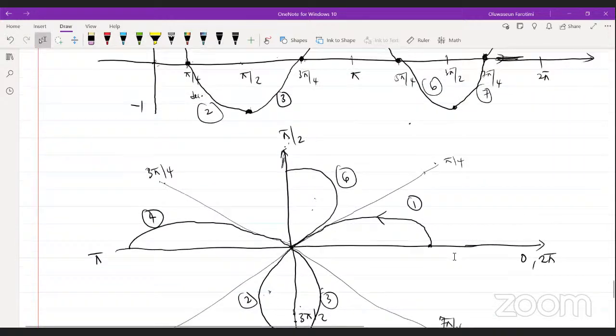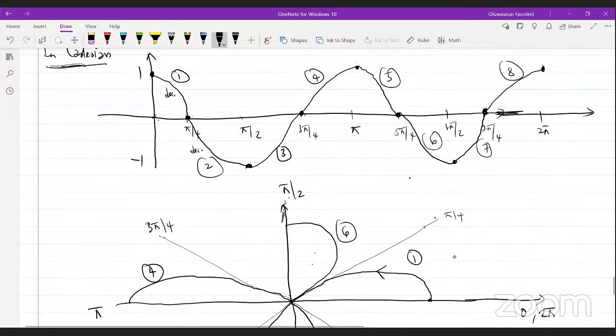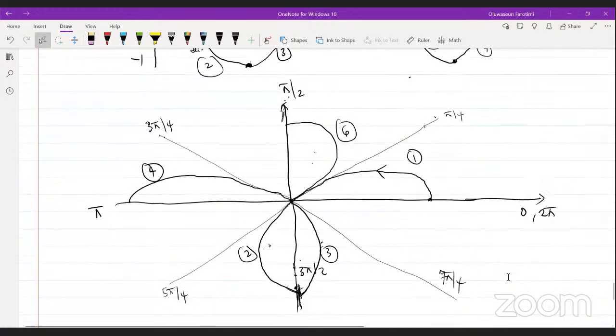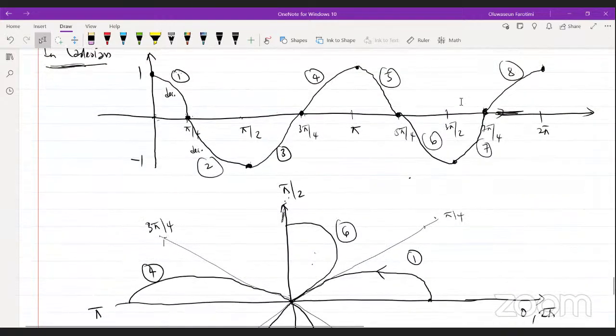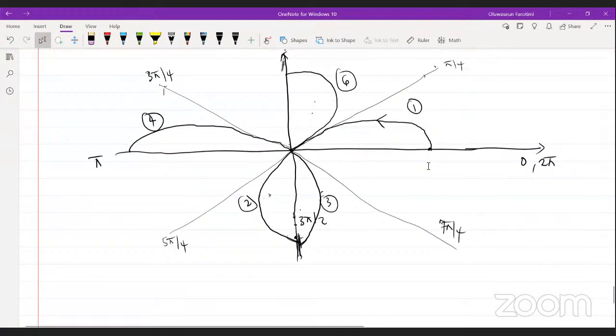Now let's go to number 7. Number 7, we're going from 3 pi over 2 to 7 pi over 4. Yes, R is still negative. So this is 3 pi over 2 to 7 pi over 4.